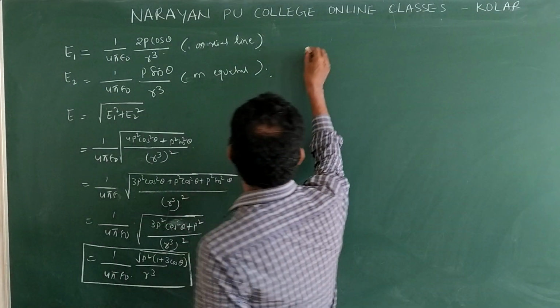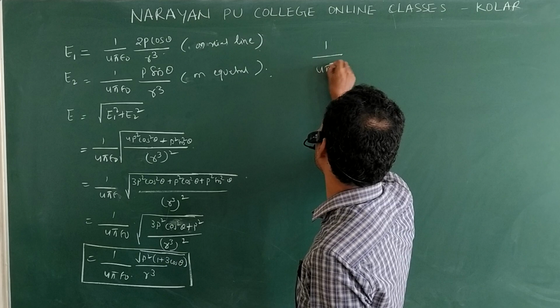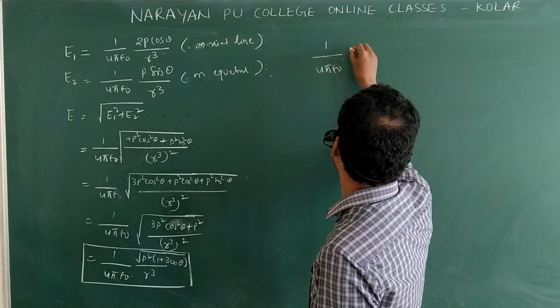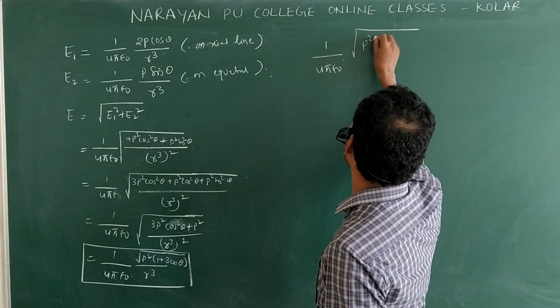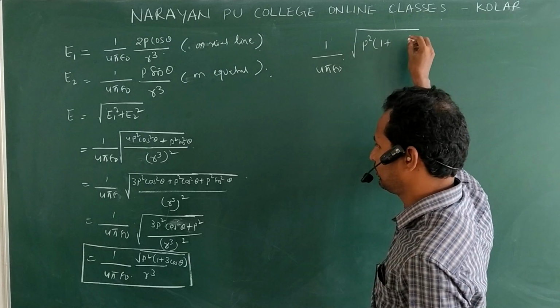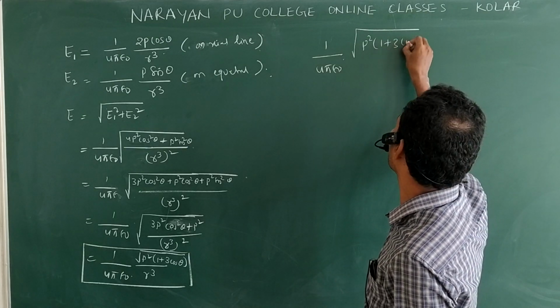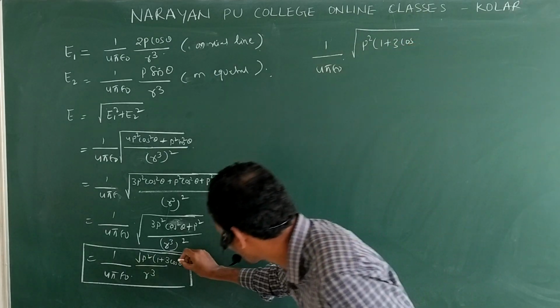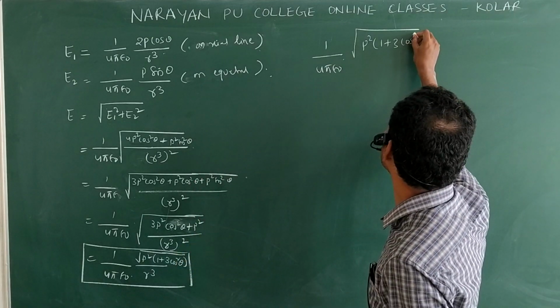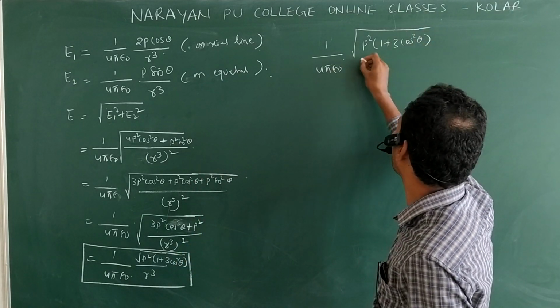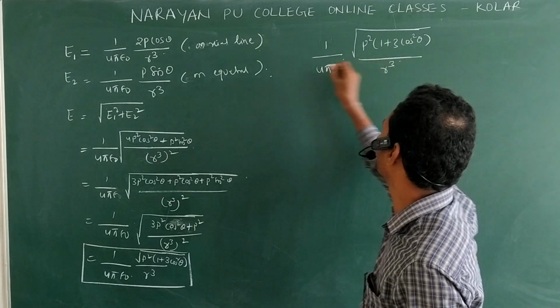So the final formula is 1 by 4 pi epsilon naught under root of p square, 1 plus 3 cos square theta, by r cube.